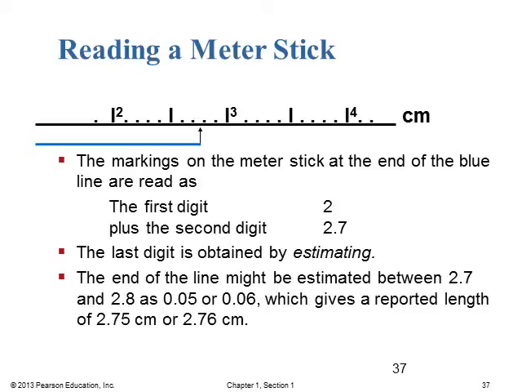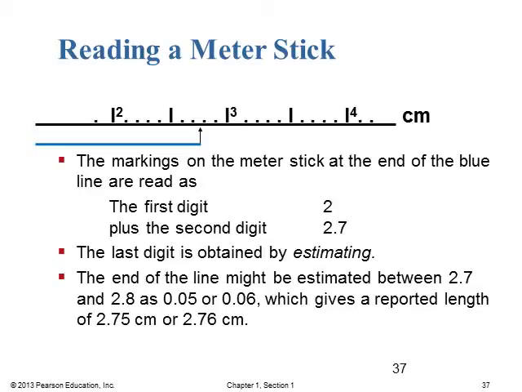And so our blue line here goes a little bit past the 2.7, but not quite at the 2.8. And so we can try to estimate to our best ability what that number is. It's approximately halfway between the 0.7 and 0.8. And so we can report our value as 2.75 or 2.76.